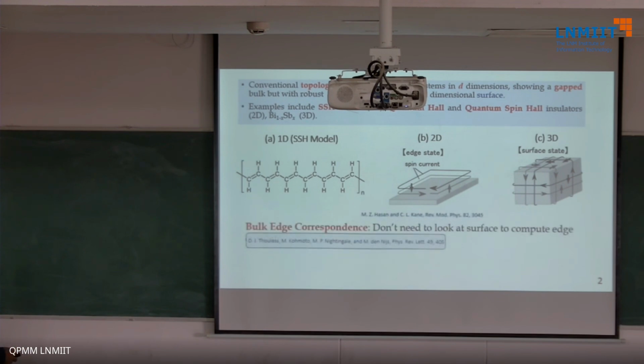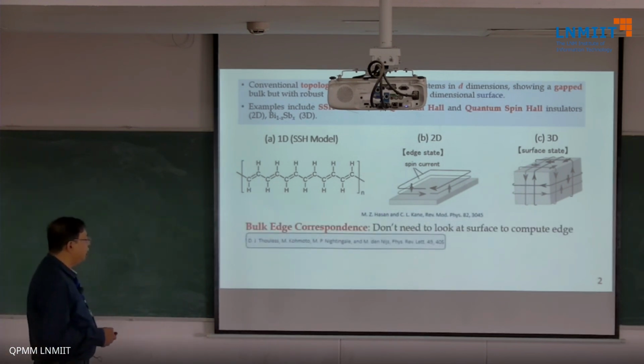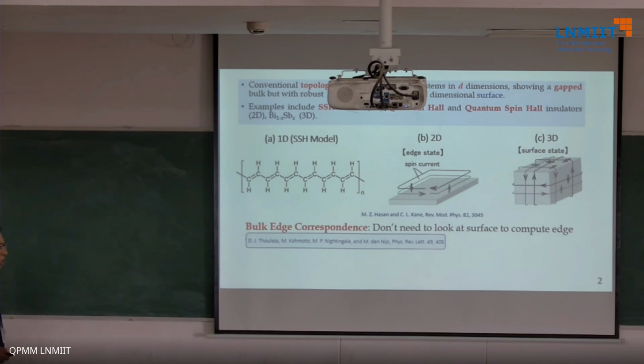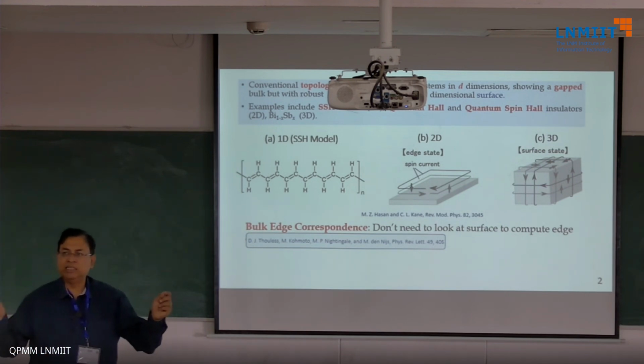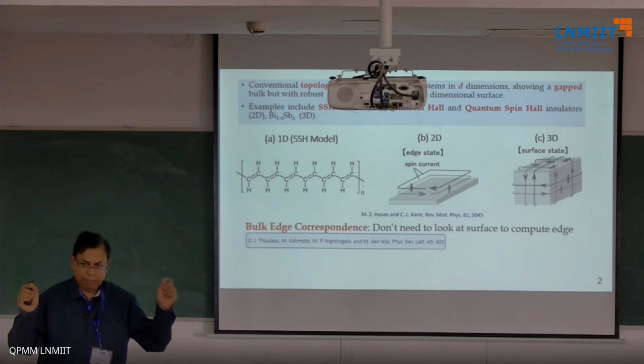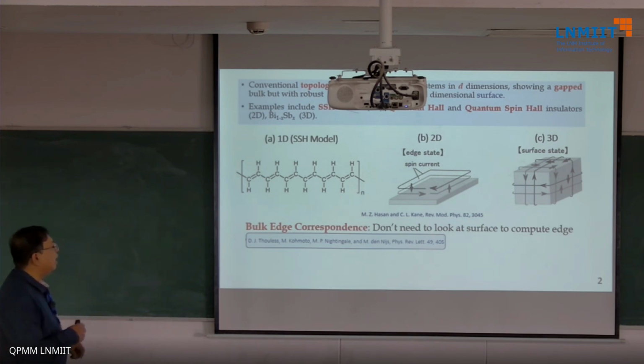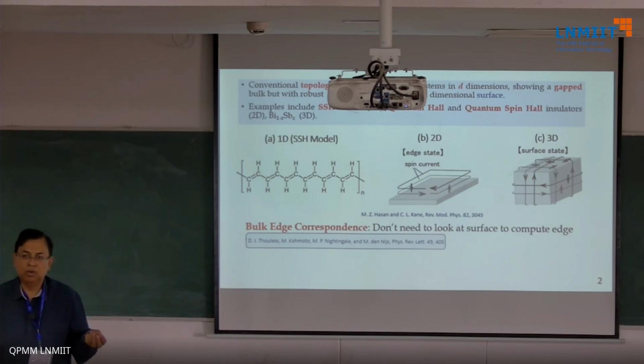Okay. And so that brings us to the issue of bulk-edge correspondence. It tells you that it's very difficult to look at the edges per se separately. And if you do not want to look at the edges, how do you know what the properties of the edges are?